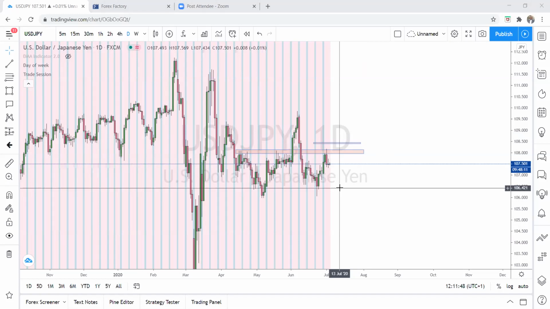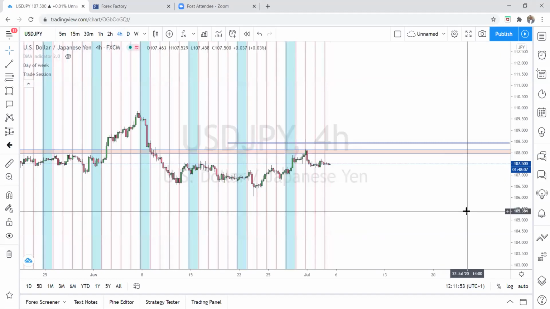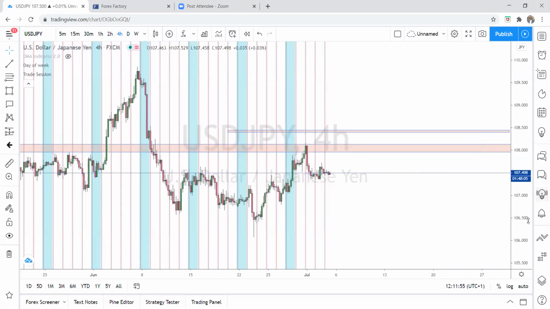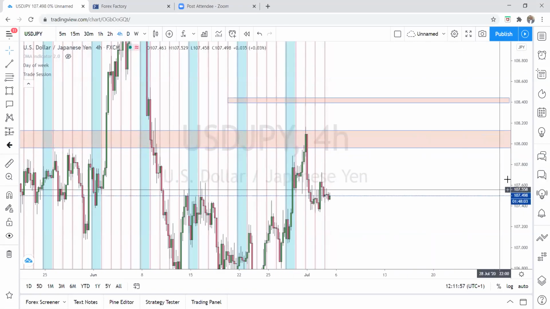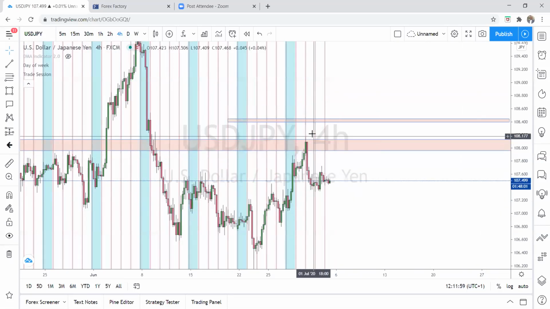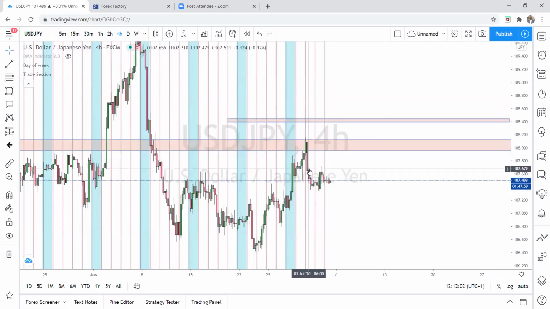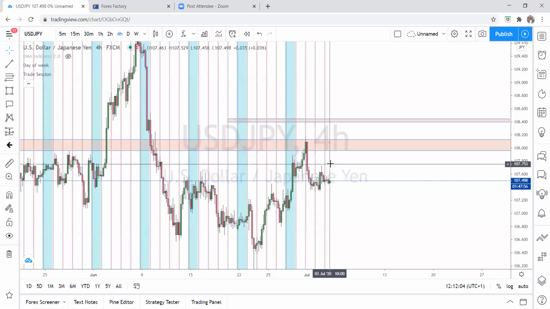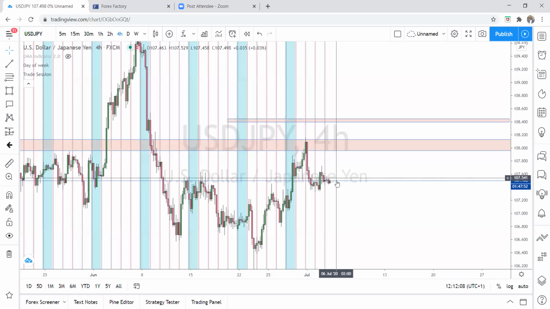Having achieved this, I now bring down the time frame to 4 hours. So this is the rejection we are talking about, a rejection down. After this rejection, there should be a retracement to the upside.